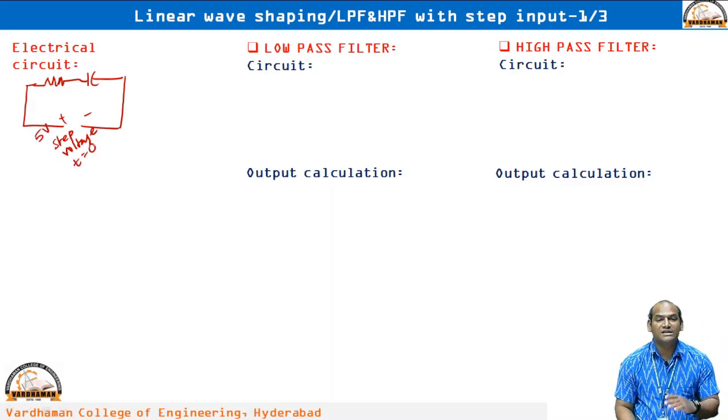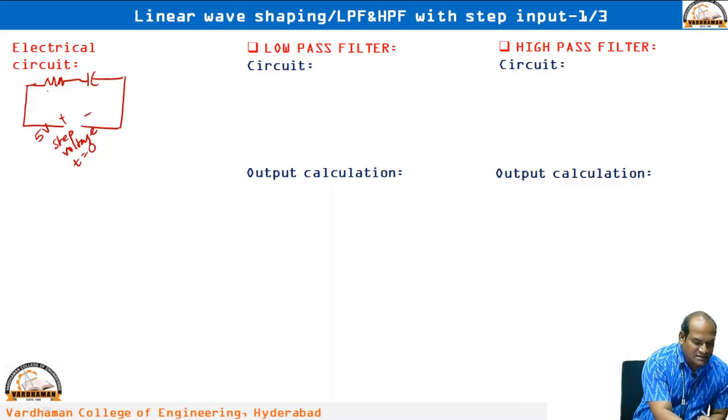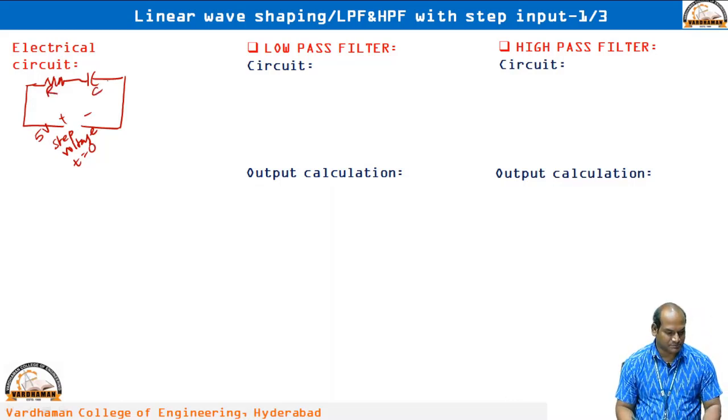That means before t is equal to 0, no voltage was given to that circuit, and exactly at t is equal to 0, suddenly I have provided 5 volts, and after t is equal to 0 also 5 volts is there. It is simply a series connection of two elements, R and C.